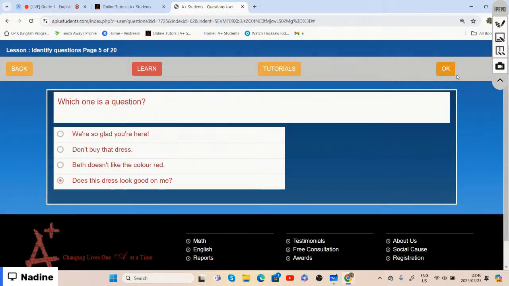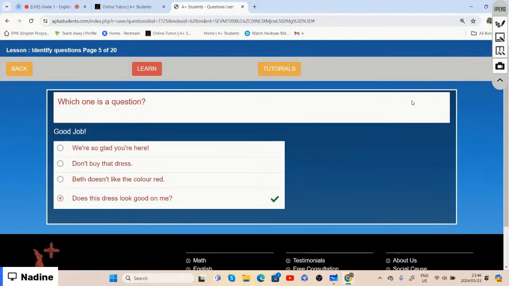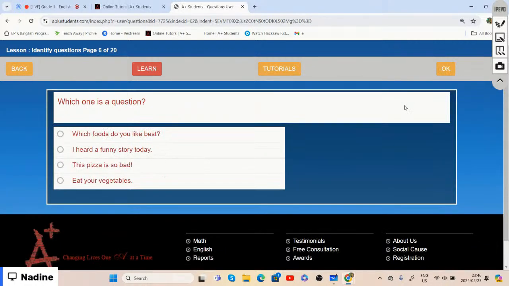So we're choosing, does the dress look good on me? And you basically have to respond either with yes, it does, or no, it doesn't. Right?